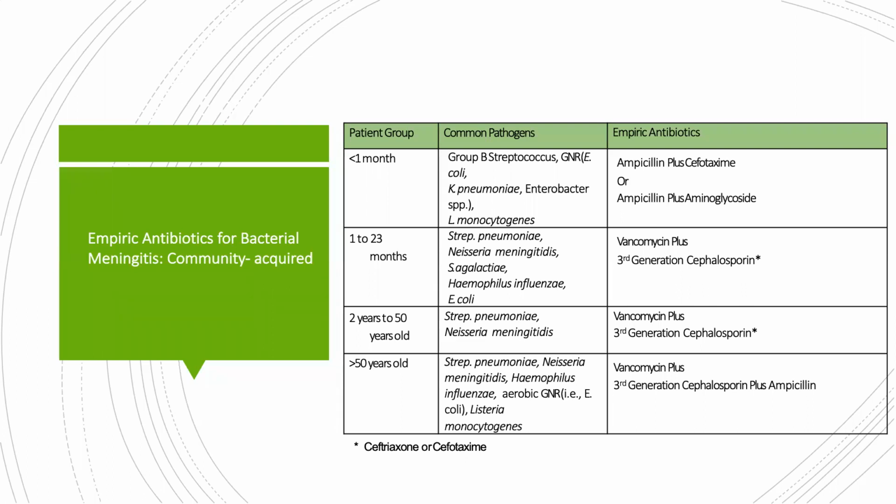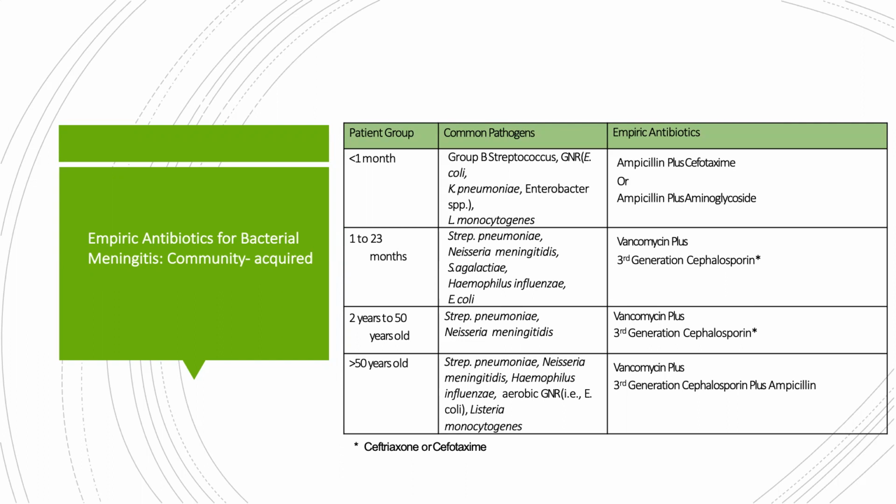We're going to add that ampicillin back in for that reasoning that we previously described. For listeria, we do need a bit more coverage of the penicillin binding proteins to make sure we adequately occupy them and are able to overcome the listeria. It can be hard to treat. So then we will reintroduce the ampicillin there to make sure that we are adequately able to cover for that.